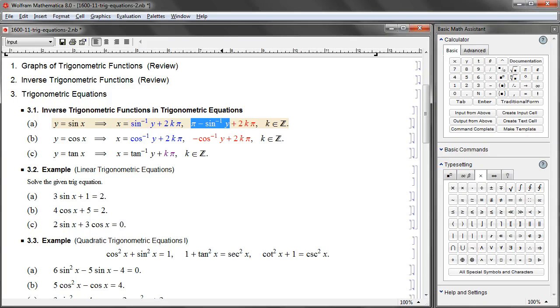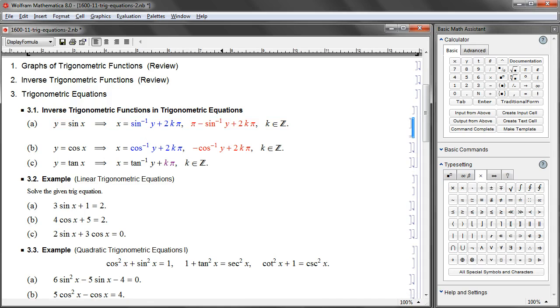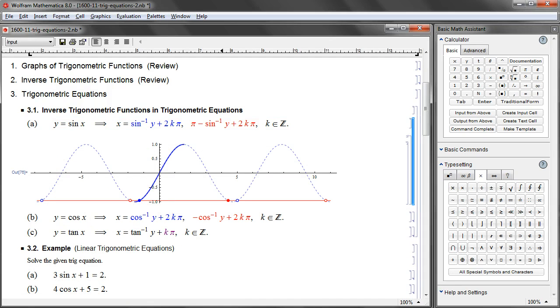Consequently, we have those two solutions, blue and red, in the standard domain 0 to 2 pi, or negative pi to positive pi. And then you can add any multiple of 2 pi so that the pair will be repeated in the next domain, and the next domain, and so on and so forth. Here's a visualization, as a matter of fact.